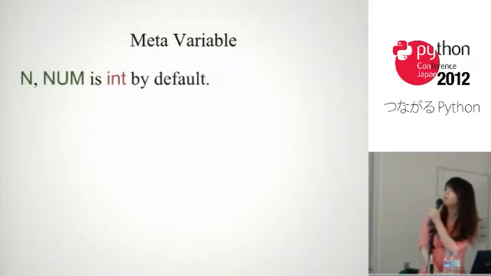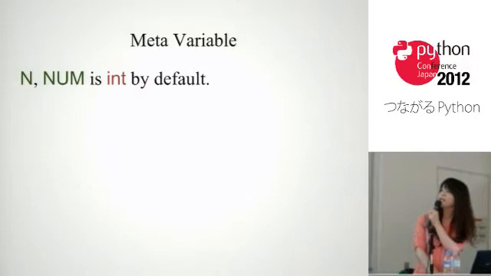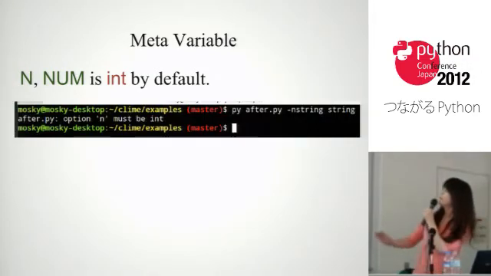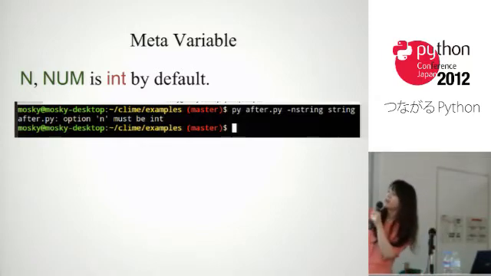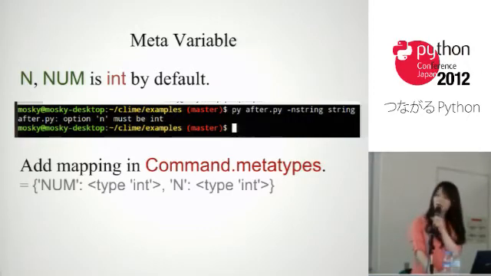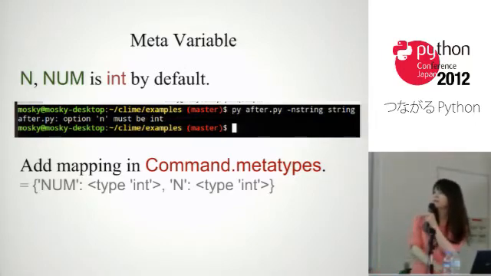And the meta variable is meaningful. N and NUM are int by default. So if you pass a string to an option that needs N, then the program will complain to you. You can add more meta variables into this dict.